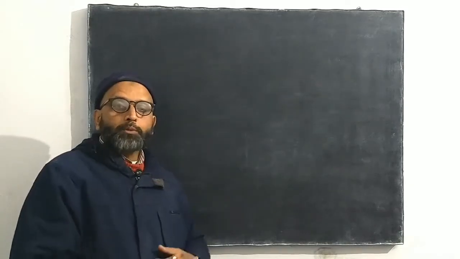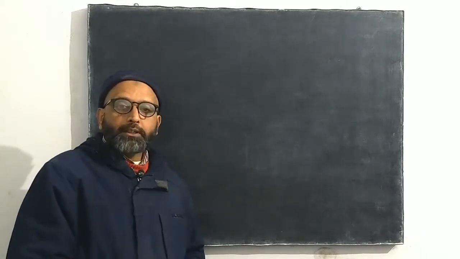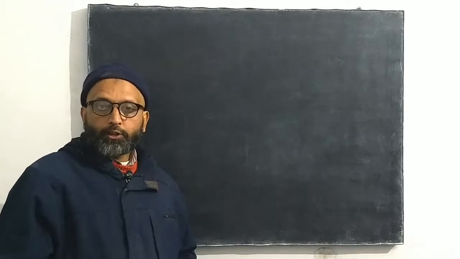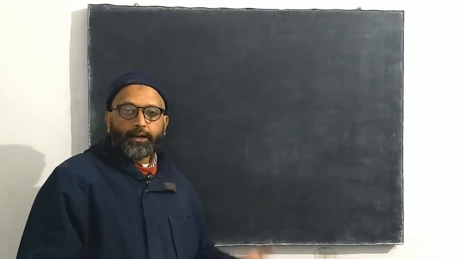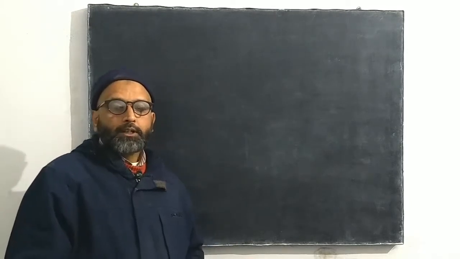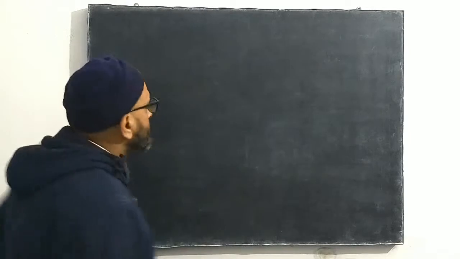A very important property of an identity matrix is that if we multiply a non-identity matrix by an identity matrix, the result is the non-identity matrix.